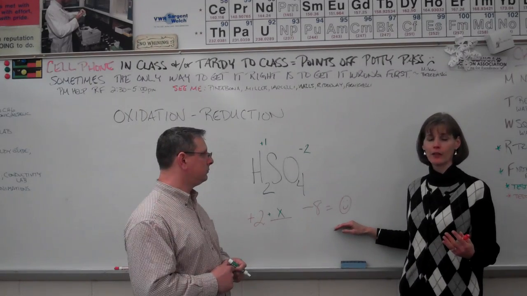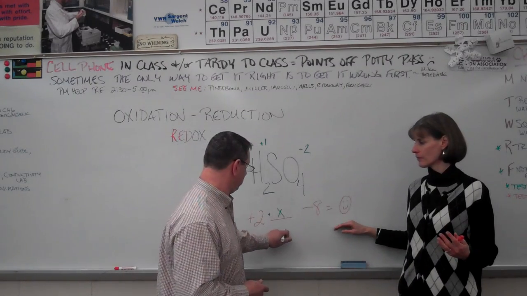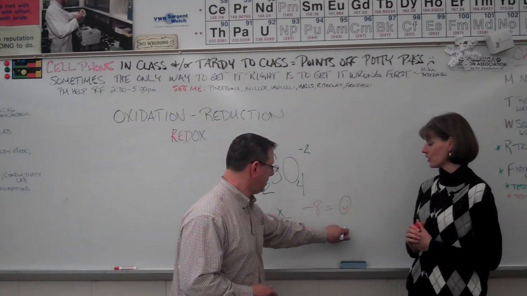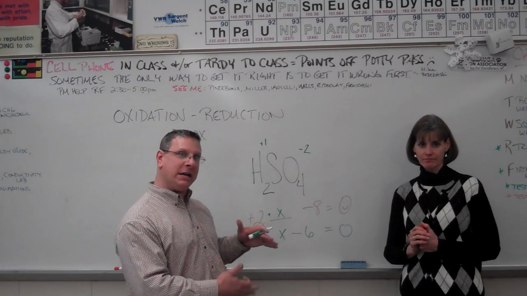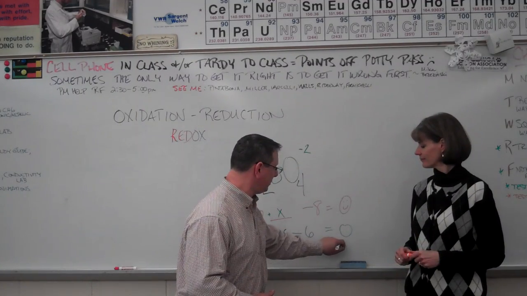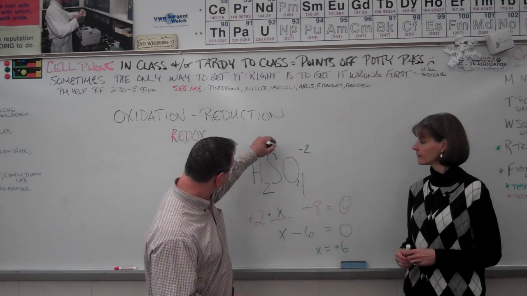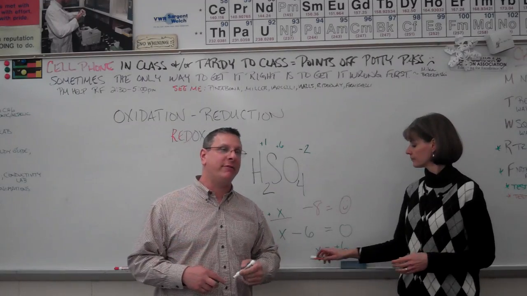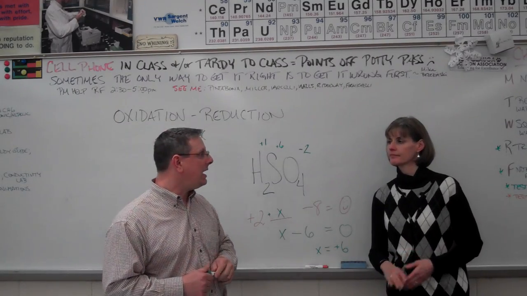We can do a little combining like terms and solve for x, and sulfur must have had a +6 oxidation number.